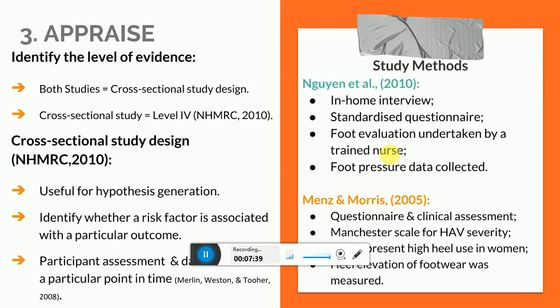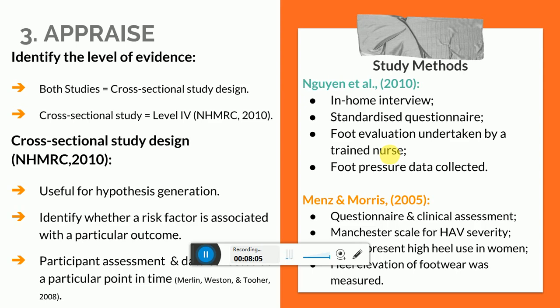Using the levels of evidence guidelines published by the NHMRC in 2010, we identified both studies as cross-sectional. According to NHMRC levels of evidence guidelines, cross-sectional studies rank as level 4. This type of study is useful for hypothesis generation and to identify whether a risk factor is associated with a particular outcome.